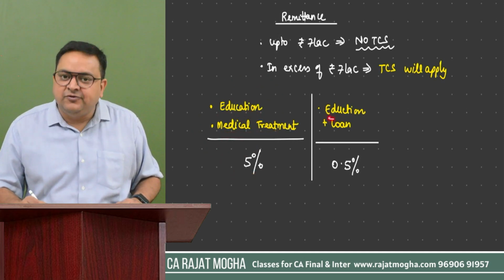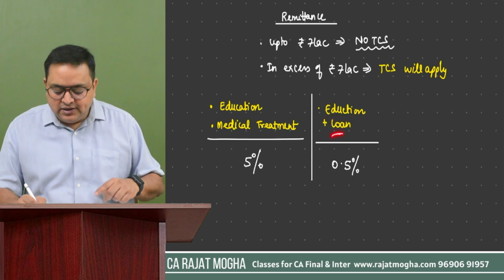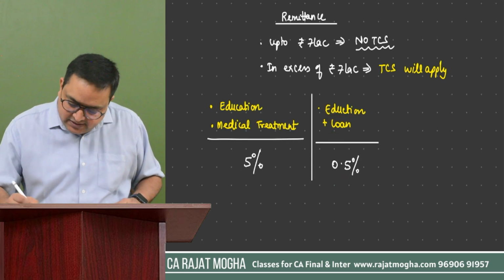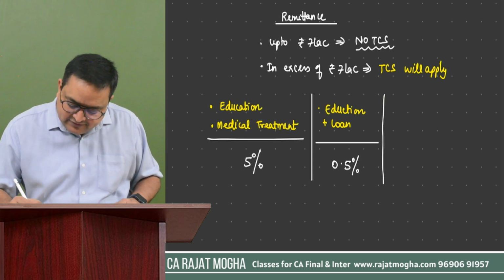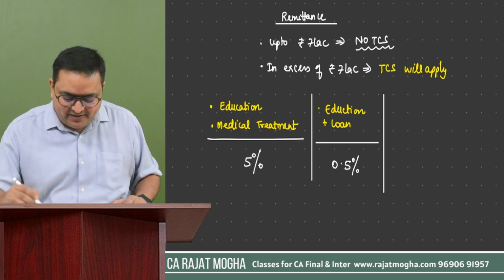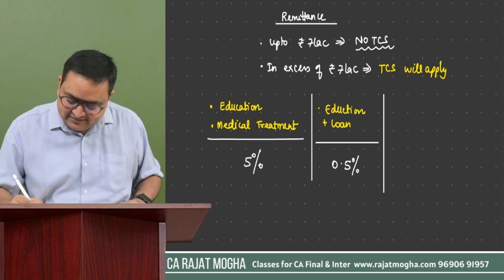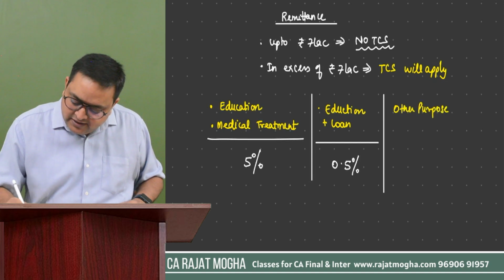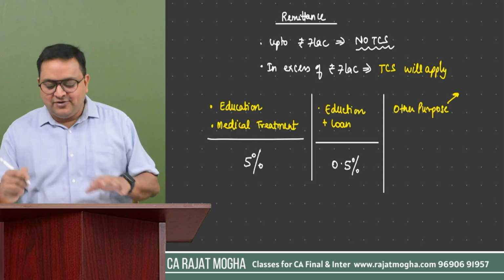And if it is for education purpose by taking a loan, then 0.5%, right? But if it is for other purpose, we will presume that you are remitting it for luxury purpose. We will be levying a higher rate of TCS. So if it is for any other purpose, the income tax department is assuming that it is for luxury purpose.